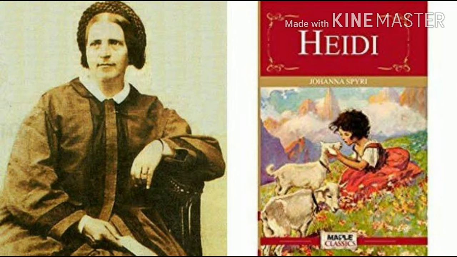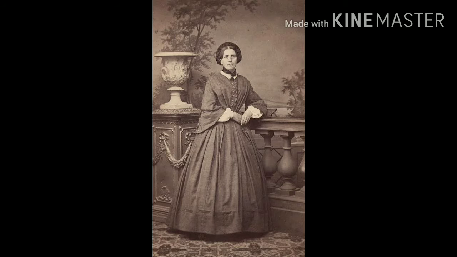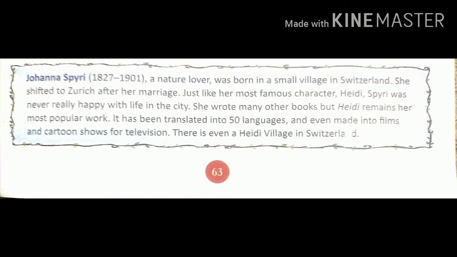This prose is an adapted portion from the story Heidi, which was written by Johanna Spyri, who lived between the year 1827 to 1901. She was a nature lover and was born in a small village in Switzerland. She shifted to Zurich after her marriage. Just like her most famous character Heidi, she was never really happy with life in the city.